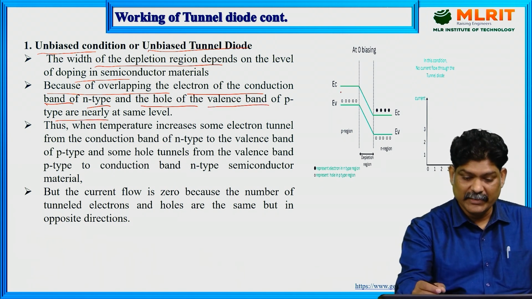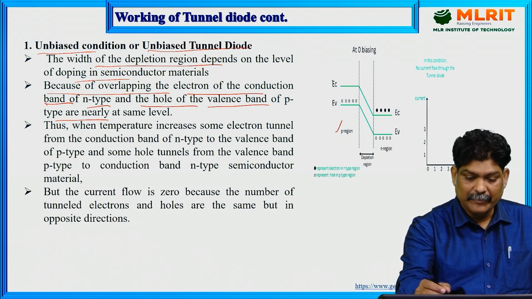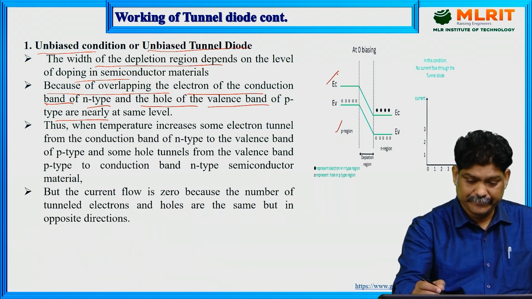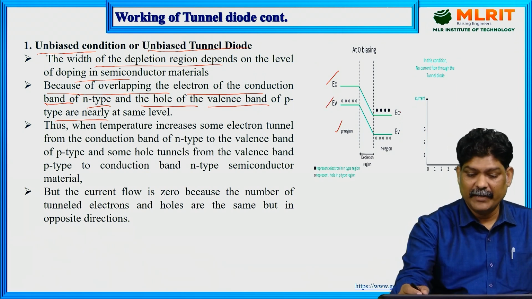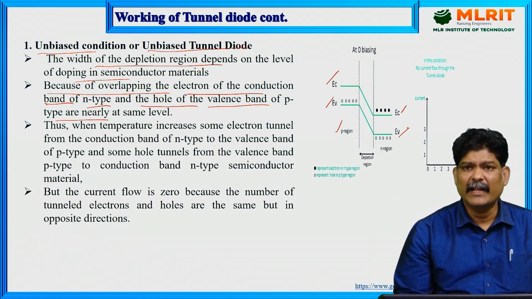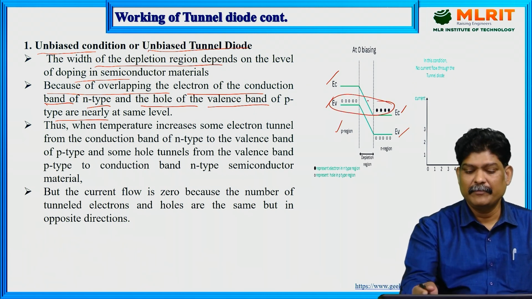So if you see, this is the P region. In that P region we have the conduction band and valency band, and here also the N region, conduction band and valency band. They are at the same level.